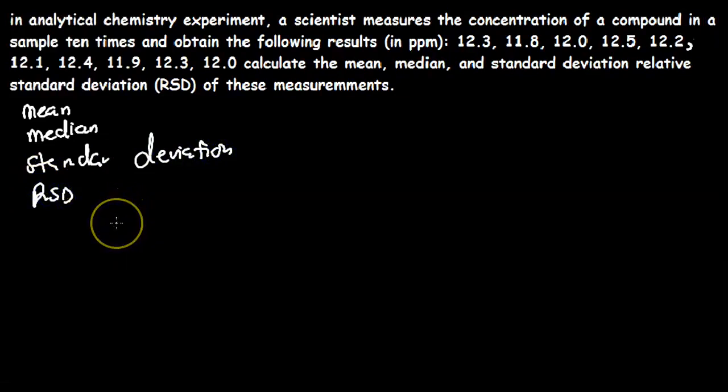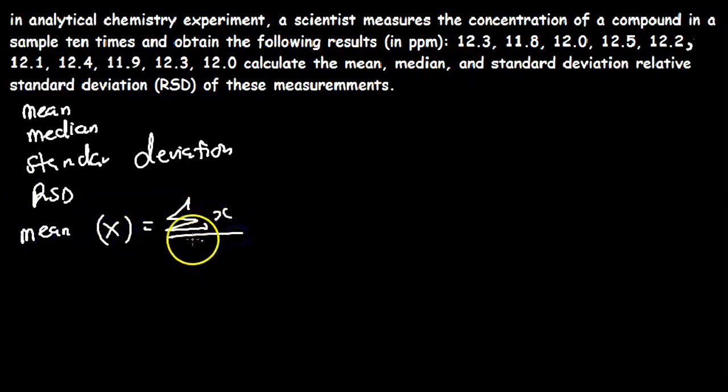What is the formula for us to calculate the mean? The mean is denoted by x bar, which is the summation of x divided by n, which simply means we are going to sum all the observations and divide by the total number of observations.